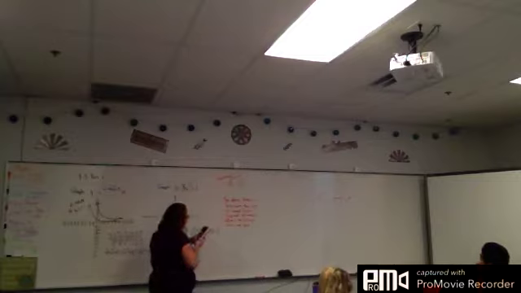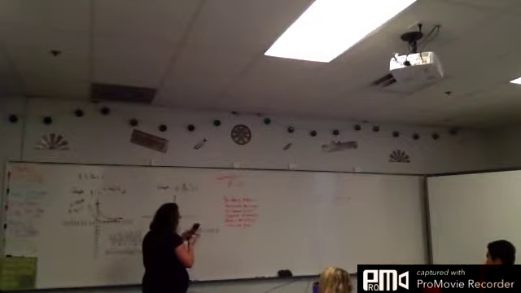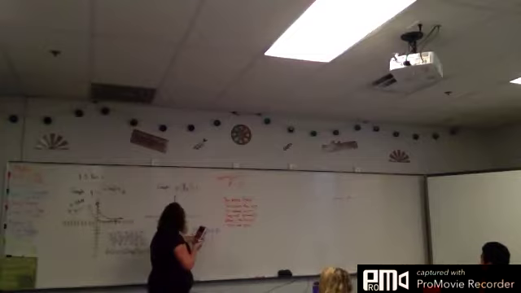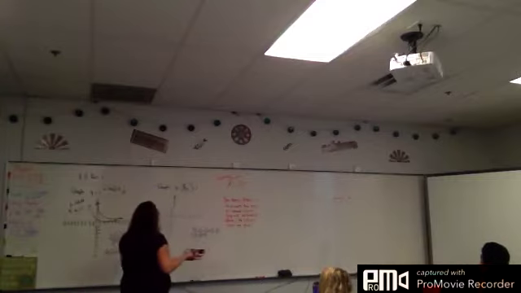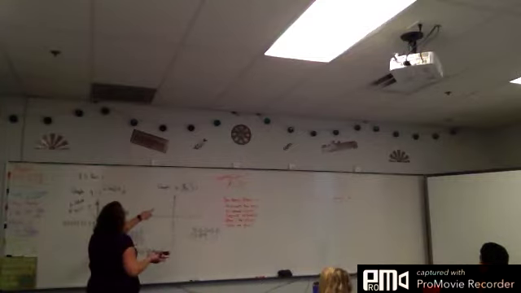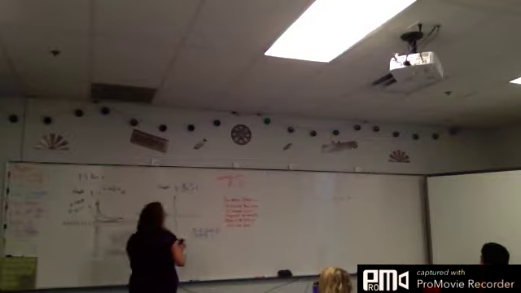So I have 0.5 E squared. You get 3.7. Then I have 0.5 E to the positive 1, right? So I get 1.4. Anything to the 0 power is 1, but I have 1 times a half, so I get 0.5.